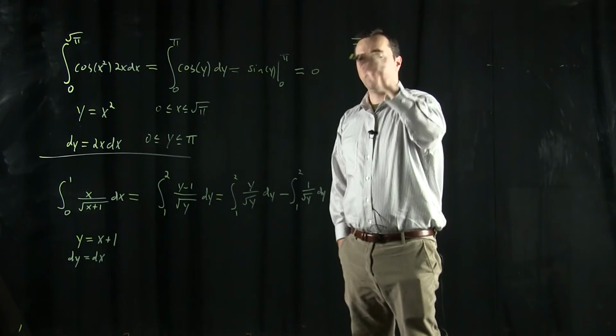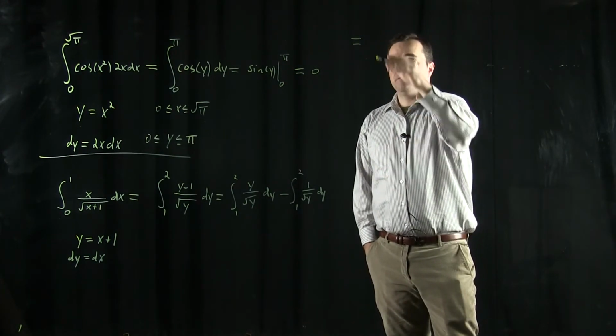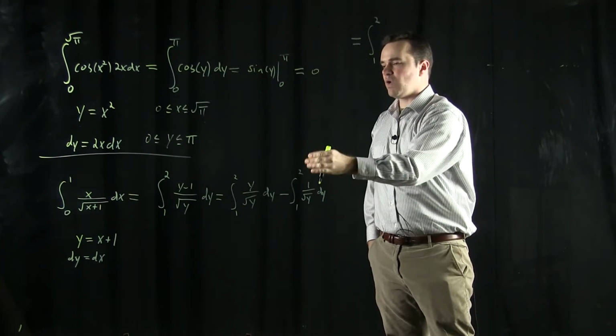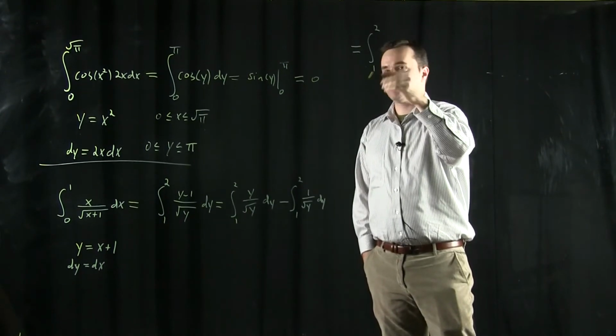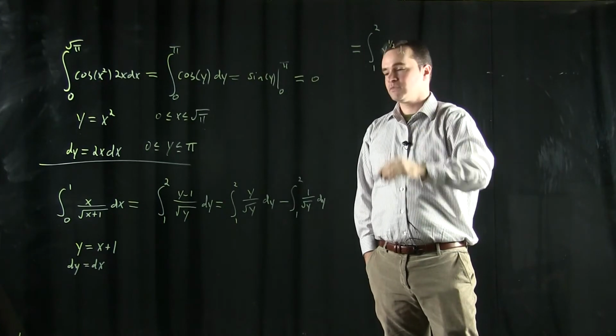I'll include one more algebra step in each one to make it easier to find the antiderivative. So I'm going from 1 to 2. And y over the square root of y is just equal to the square root of y, otherwise known as y to the 1/2 dy.